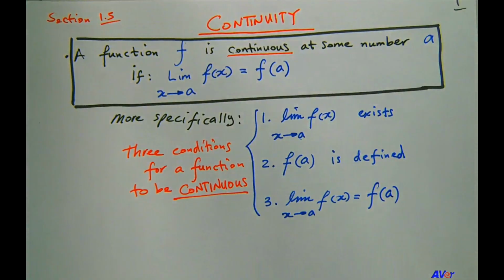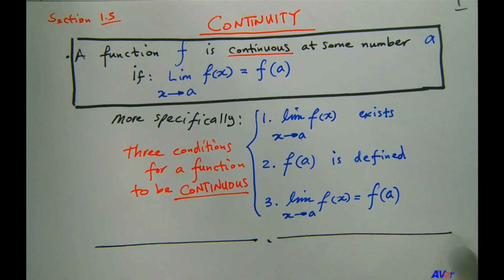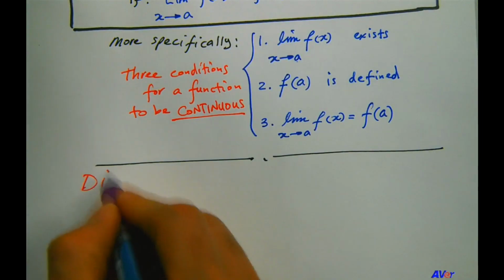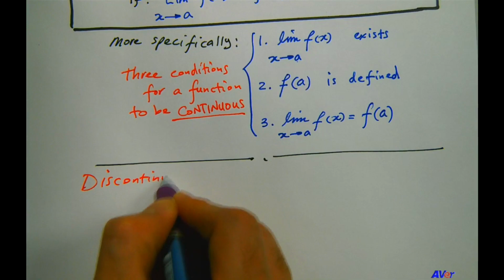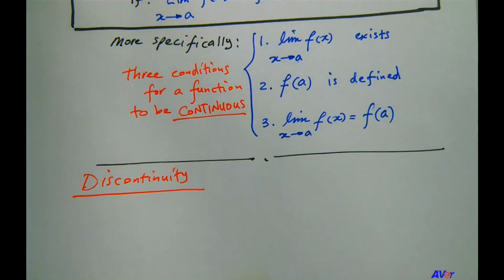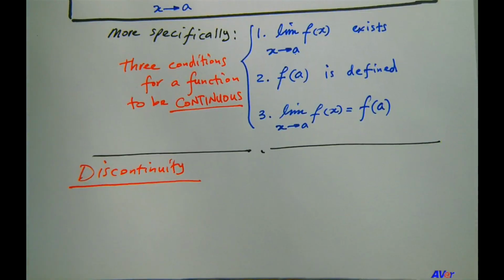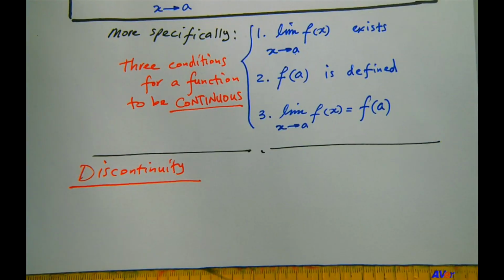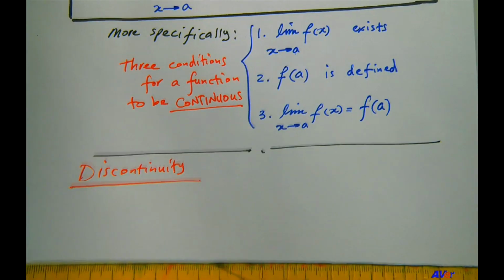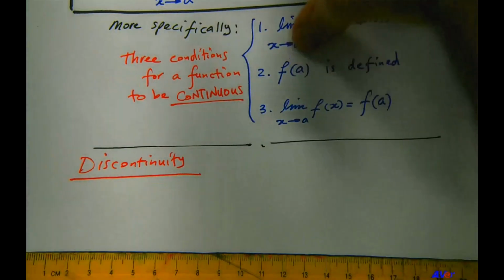All right, so what is an example of discontinuity? Let's also have a good understanding of that. Here's an example of discontinuity, and let's show this graphically, and then we'll also discuss it symbolically. So suppose we have this graph.